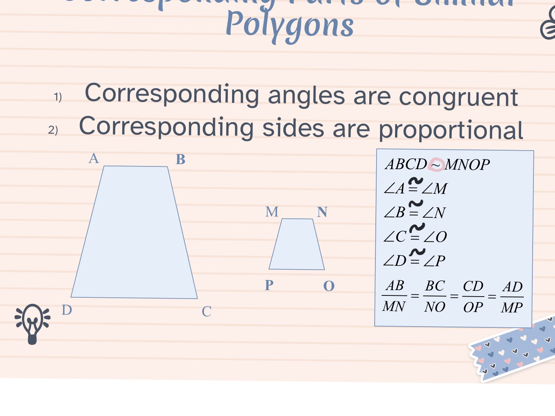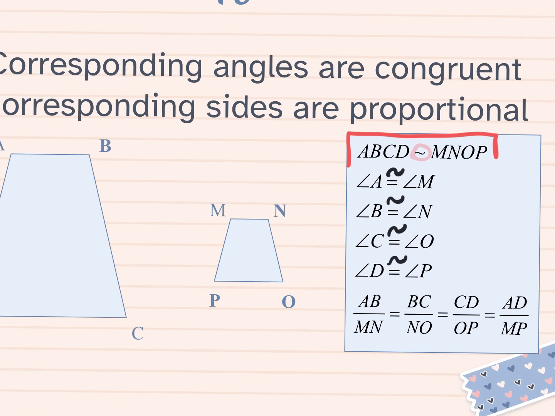Now, whenever you're given a similarity statement, just like before when we saw congruent figures, the order of the letters is important. So for example, the first letter that's listed here, A, is going to be congruent to the first letter here, M. And that's this first statement here.